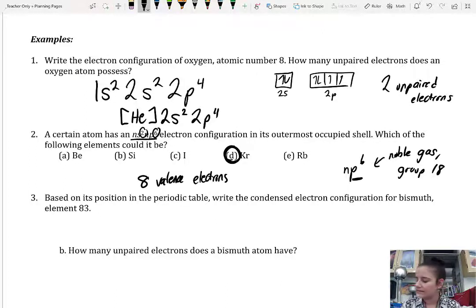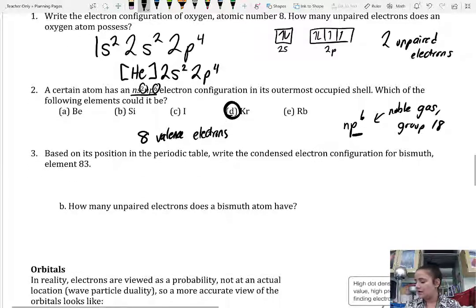Okay, one more practice. We're going to write the electron configuration for bismuth. Bismuth is element 83, and we want it condensed because, again, we don't want to write all 83 electrons. So in your periodic table, you're going to go to the row above, and that is xenon. And then you're going to go past xenon. So that's row 1, 2, 3, 4, 5.